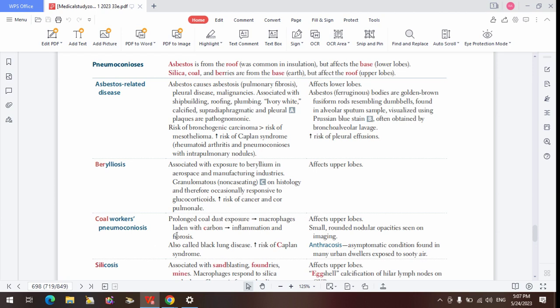So anthracosis can even occur in people that are not mining. Maybe they are just living in an area where they burn substances a lot. One of those components is also carbon. So they can inhale that carbon dust for a long time, which can cause anthracosis. The lung might still be black, but they will not develop any serious inflammatory damage to the lung.